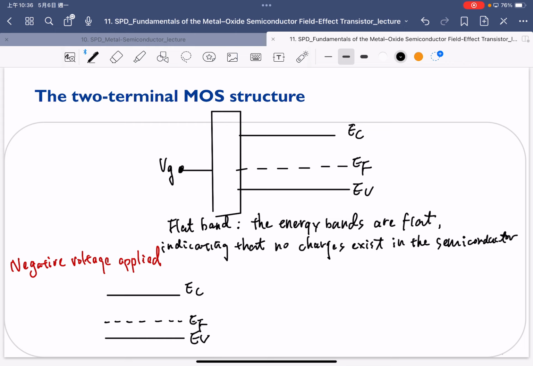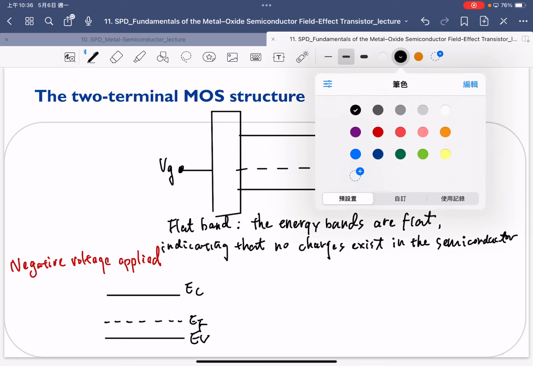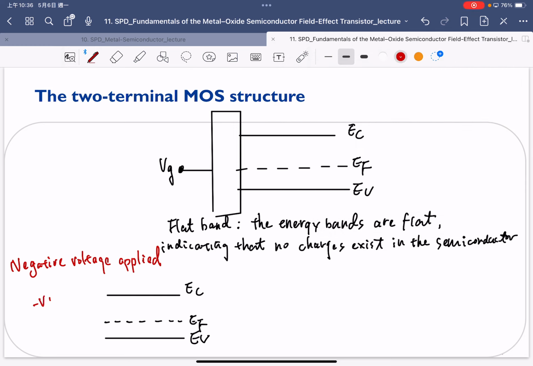This is our Fermi energy. But right now, since we apply the negative Vg, and the negative Vg in the band diagram actually means that this will be increased here.